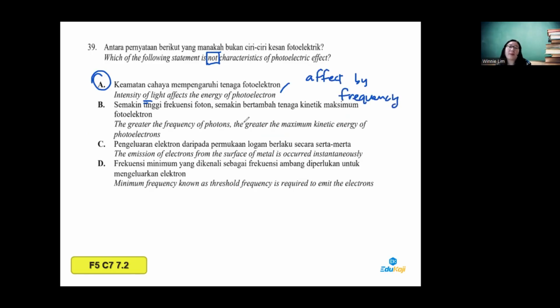The rest do support the photoelectric effect: when the frequency is higher, the energy is higher. The emission of electrons occurs instantaneously. The moment you shine on the metal, the electron is emitted straight away. The minimum frequency needed to emit an electron is called the threshold frequency. So all this supports the photoelectric effect.